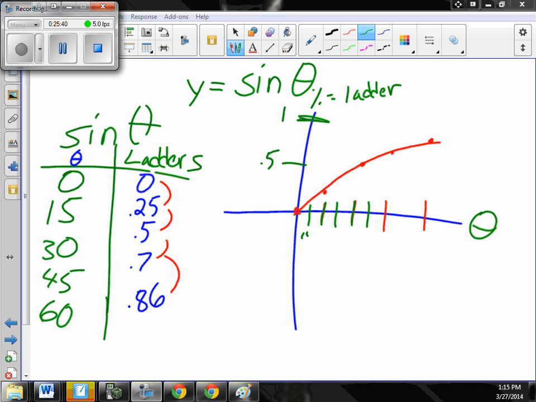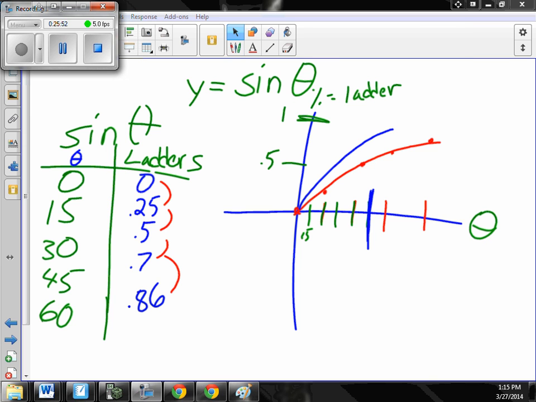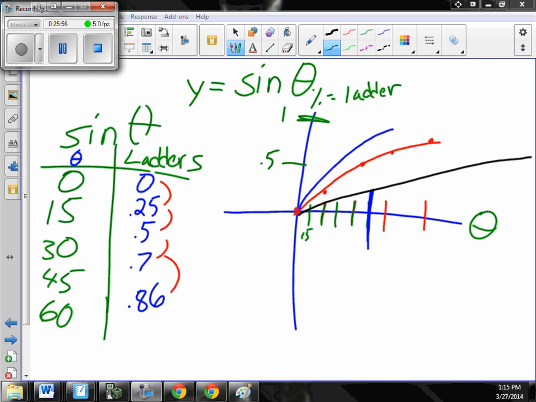So if I made this 15, it's going to scrunch the graph up, right? And if I lengthen the graph, so if I put 15 over here, what's that going to do? It's going to stretch it out. And the shape of the graph is very important.